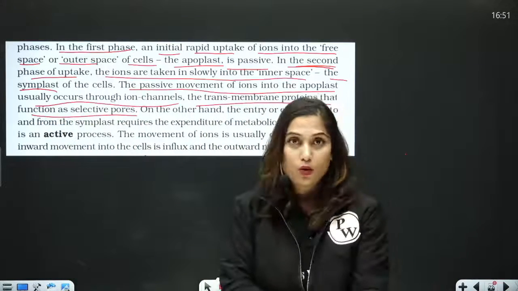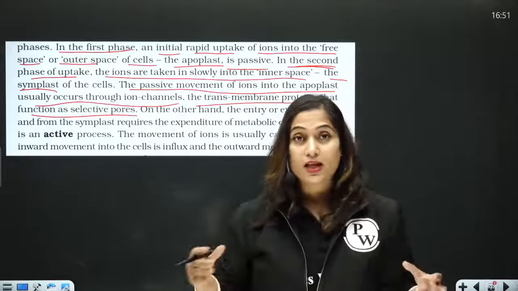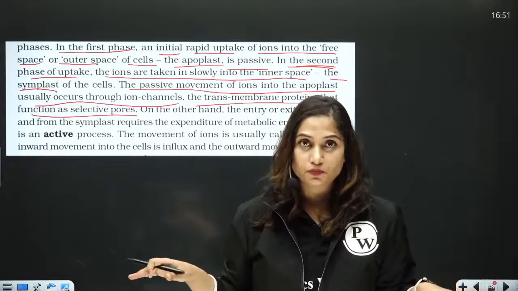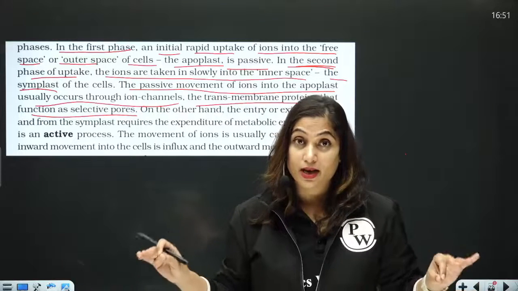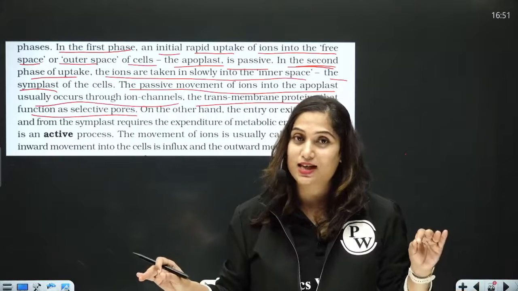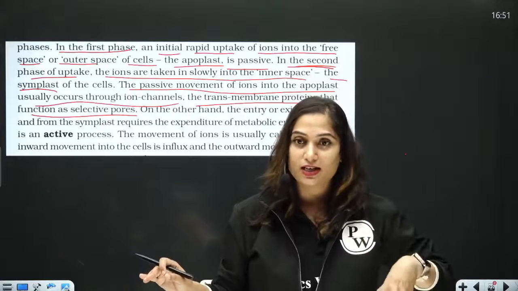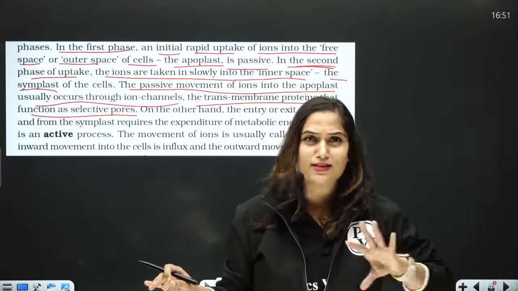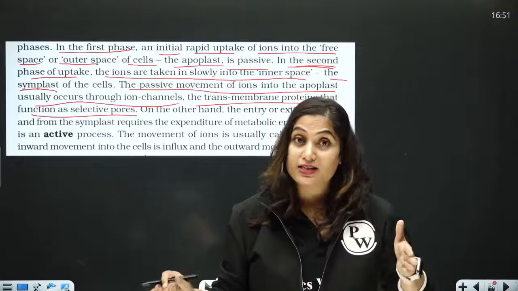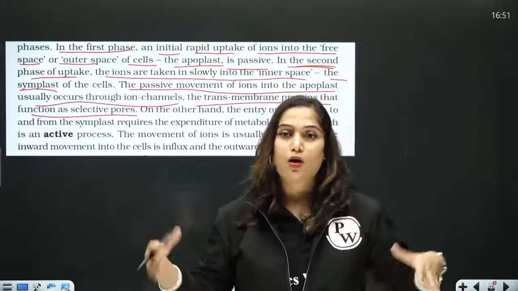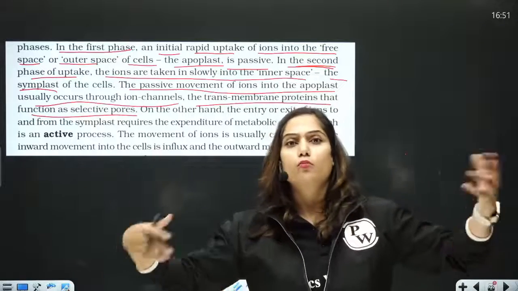Now, let me tell you one thing that I've just told you, that the cell wall is dead. But the cell wall also has enzymes, proteins, carrier proteins present in it. It's dead, right? It's dead, but still it acts as a first barrier. It's not that the cell wall will allow everything to come.